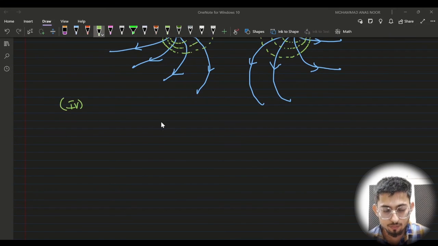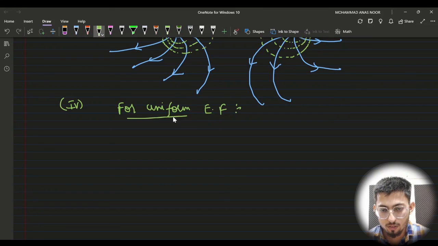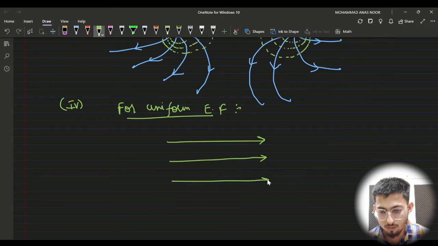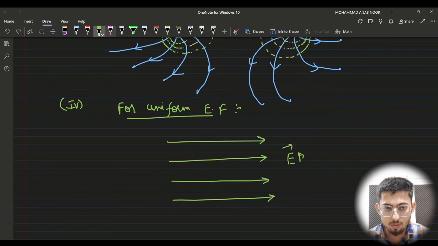is the drawing of equipotential surface for a uniform electric field, not a charge. This we already know for a uniform electric field E. So the equipotential surface is like this.